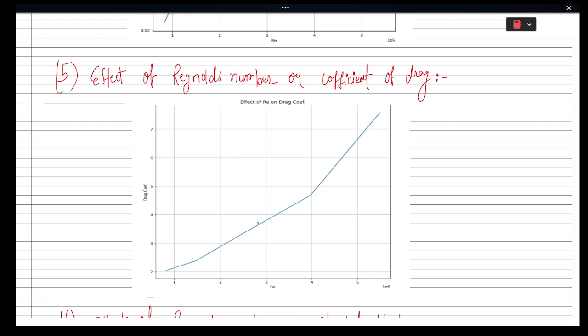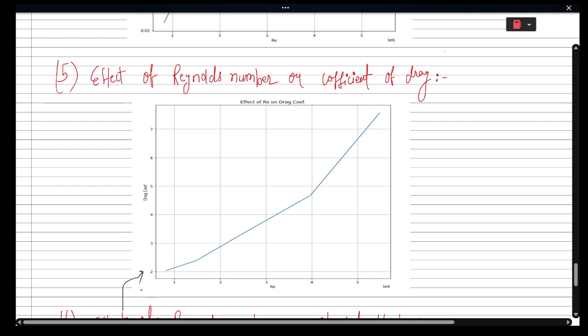This graph shows that the increase is not perfectly straight but slightly curved, meaning drag rises faster at higher Re. This happens because higher Re corresponds to more turbulence, which increases resistance. Understanding drag is important for making objects more aerodynamic and energy efficient.